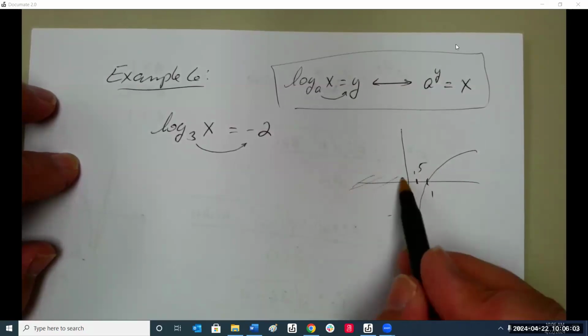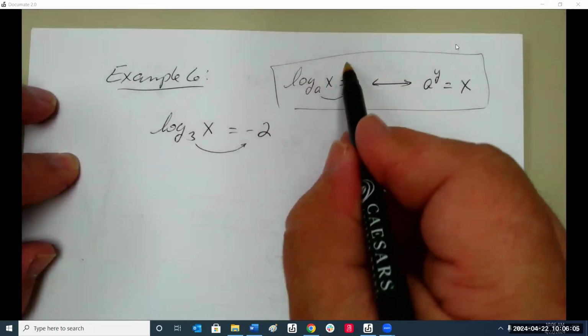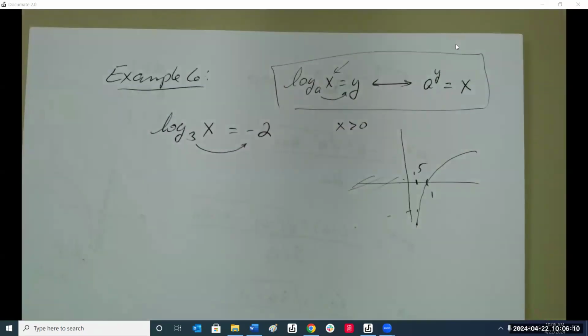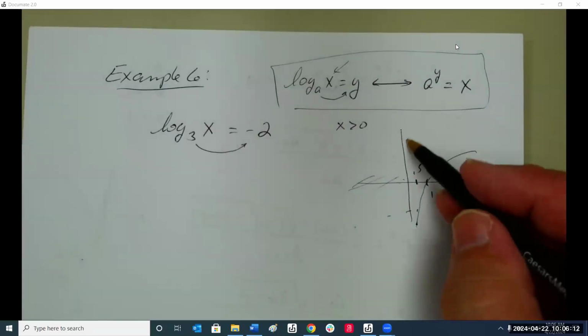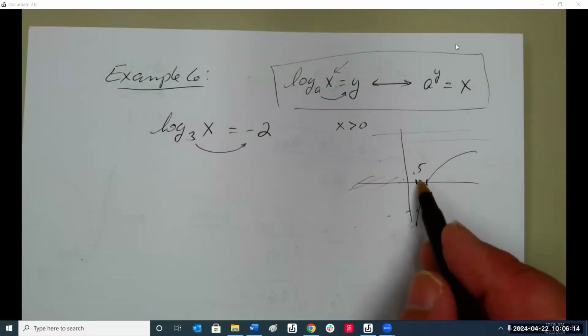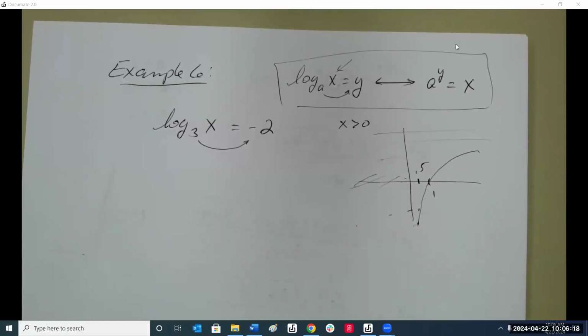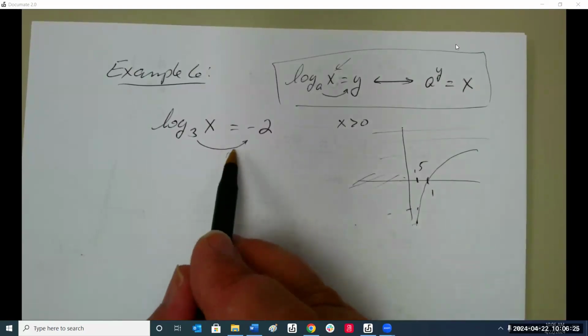I just cannot put negatives or zeros inside. X cannot be negative or 0. That's the only restriction I have. The y values can be positive, can be negative, or can be 0. That's why the graphs are very important, which is why I gave you the library of functions so many moons ago. So let's convert this.